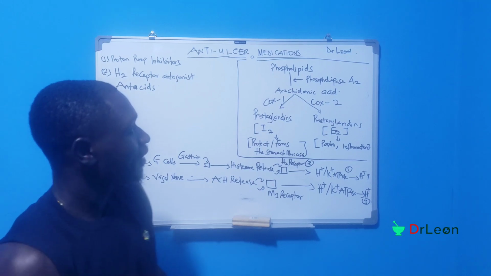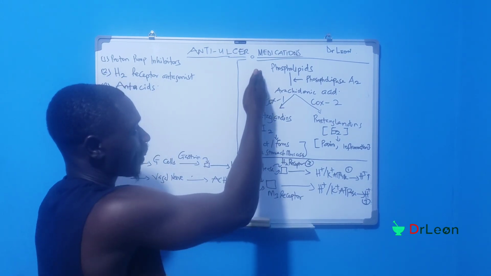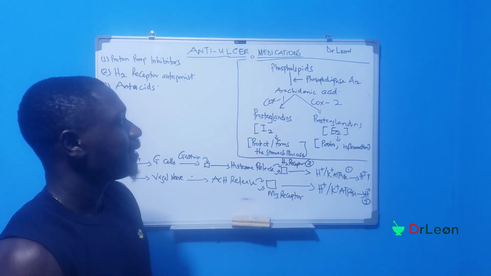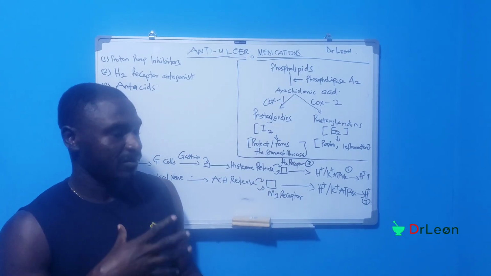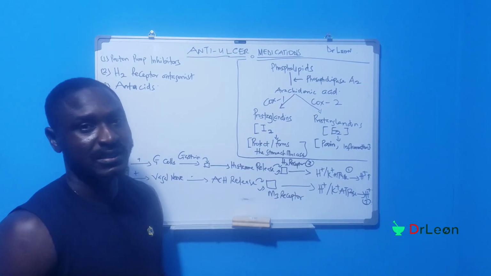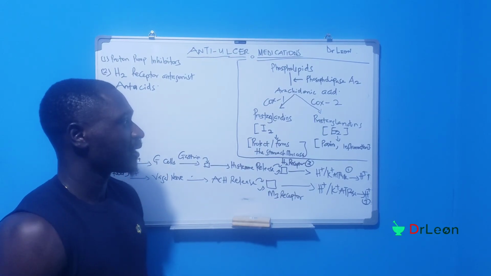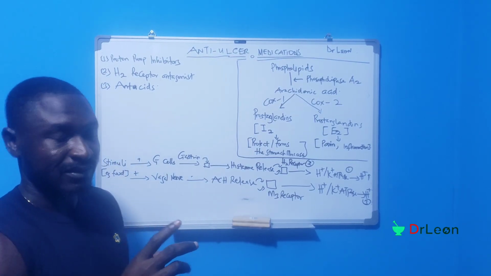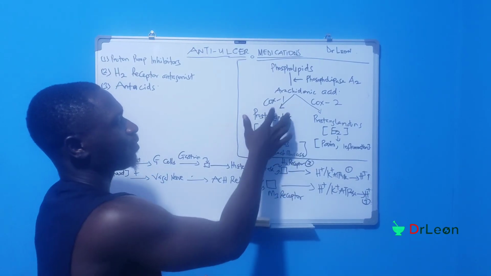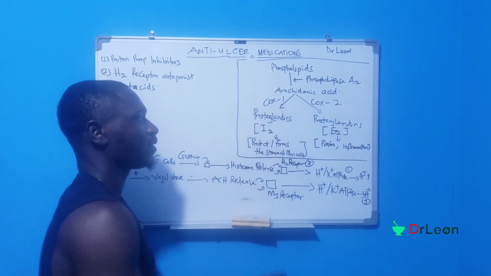So let's start. There is this enzyme known as phospholipase A2. It breaks down phospholipids from cell membranes to this product, arachidonic acid. And there are 2 main enzymes. They are the same enzyme but isomers. We have COX1 and COX2.